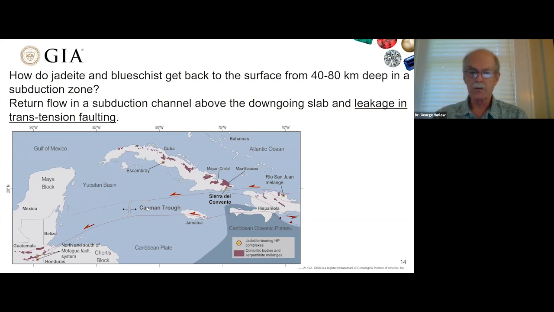And if you follow the upper transform fault, in other words, one side is moving to the left and the other side is moving to the right, here's another source of jade in Cuba, which I have visited. And then there's another source of jade over here in the Rio San Juan complex of the Dominican Republic. So they're all right along these faults, and the faults seem to provide a leakage path whereby the serpentinites, which are low density compared to the rest of the stuff around them, tend to diapirically rise to the surface.